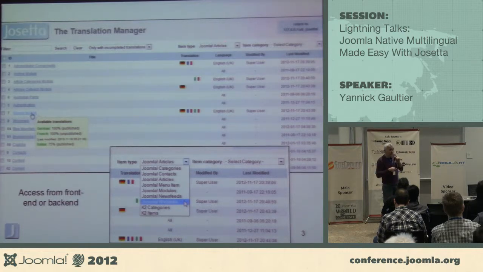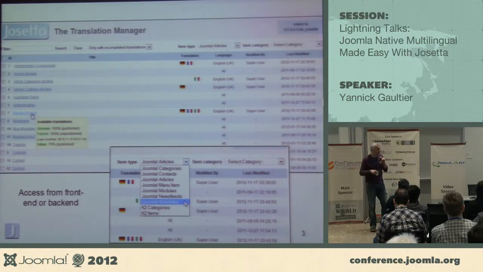You click on one of them, and you can translate. Currently, the items that can be translated are all standard Joomla default content plus K2. It's all plugin based, so it's open. You can very simply write a plugin that will allow any type of extension to be translated through Josetta.